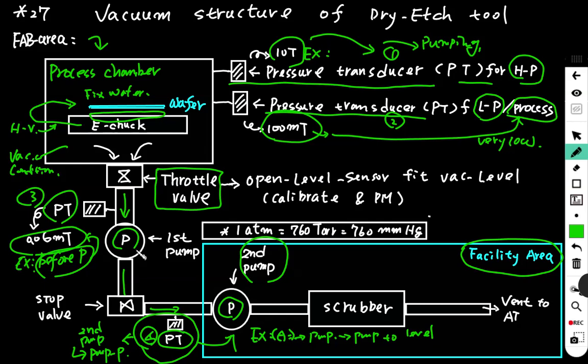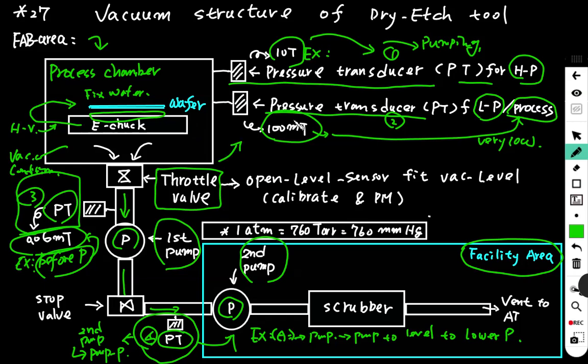We start the first pump to pump the piping to lower pressure, detected by the number 3 pressure transducer. Then, for example, pump out to 0.06 millitorr.